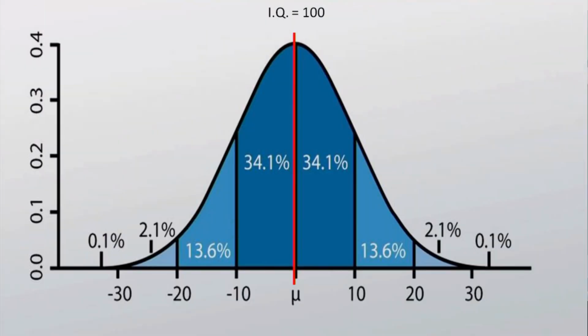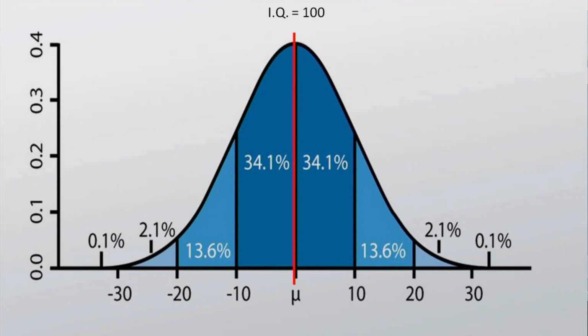So here's the bell curve, and you can see here that within this picture, you've got 34.1% in that area there, and 34.1% the other side.